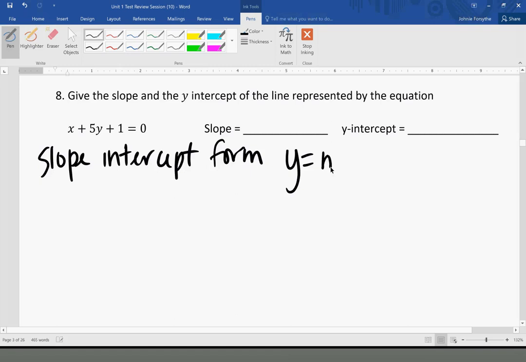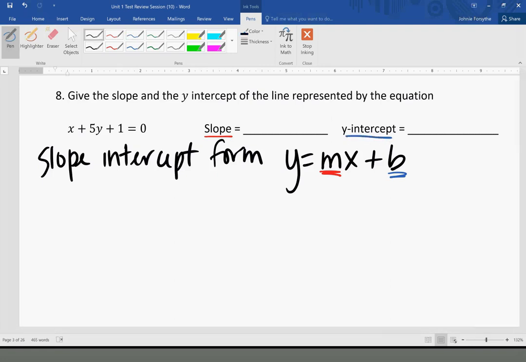And that is y equals mx plus b. In this form, m, that coefficient, is going to give you your slope, and b, this constant, is going to give you your y-intercept. So you want to take the equation and put it into slope-intercept form.